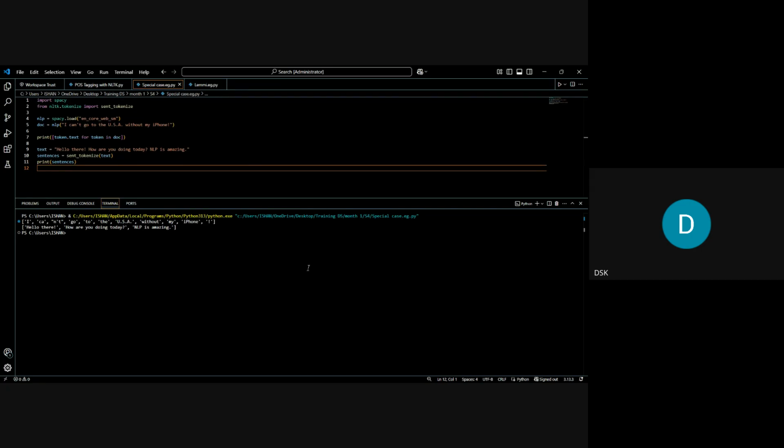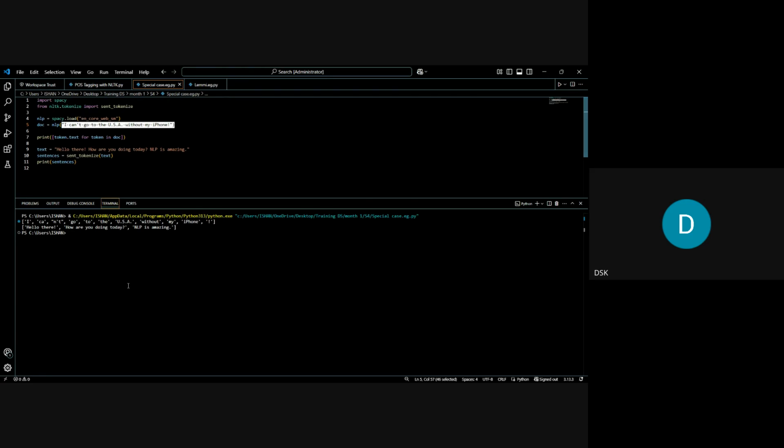So the prefix search is first, for characters like dollar, comma, inverted commas, etc. Second is suffix search, for punctuation like exclamation mark, question mark, etc. Third is infix search, for characters within words, for example hyphens, contractions, etc. And fourth come the special rules, which are exceptions for patterns like don't, iPhone, and US. And in this example, you can see this is the sentence, and can't is getting split, USA is not getting split, iPhone is also not getting split.